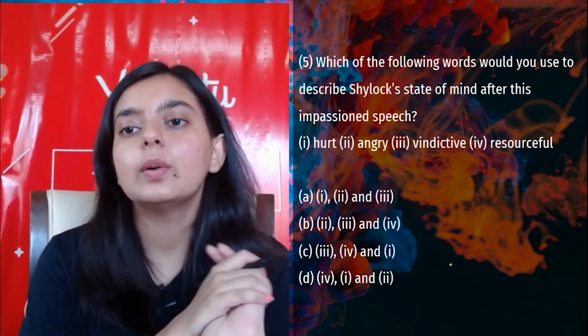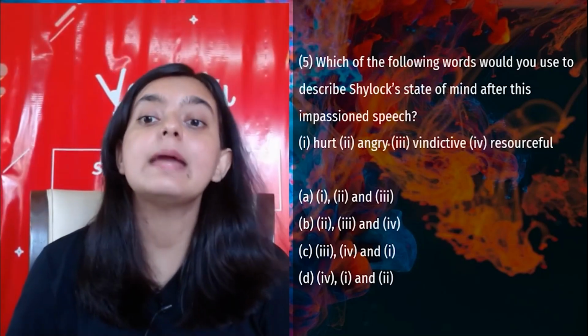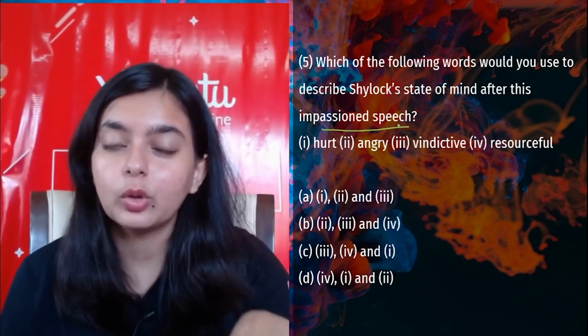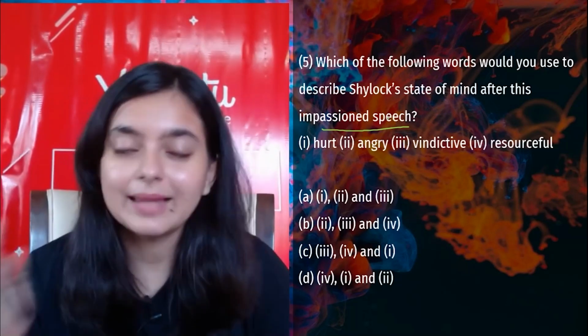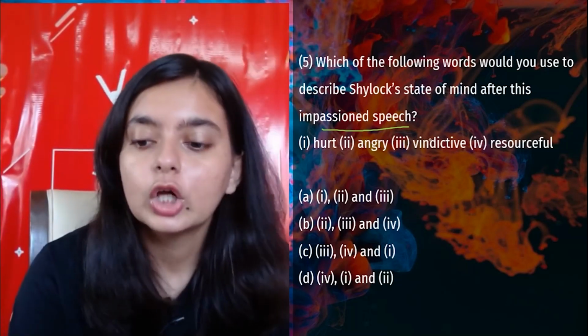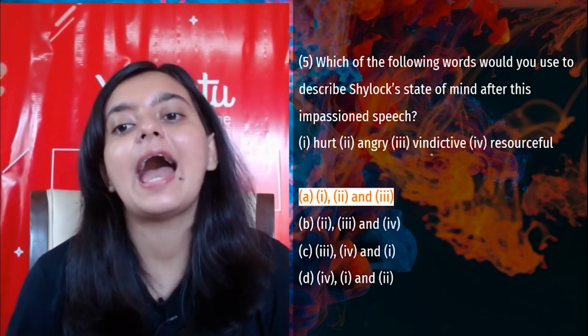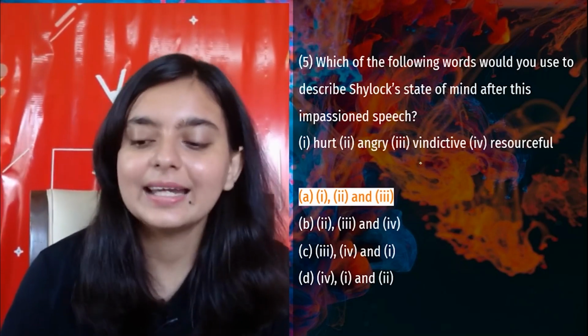Next, which of the following words would you choose to describe Shylock's state of mind after his impassioned speech? Again, the impassioned speech which I told you, "Hath not a Jew eyes," etc., that part of the speech is very important. So it is hurt, angry, and vindictive. Yes, hurt, angry, and vindictive.